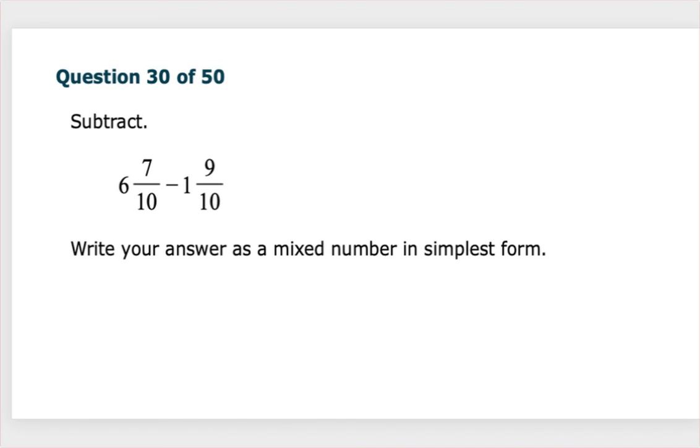And the last question. Okay, now we have a common denominator, and these are mixed numbers. We do not have to turn them into improper fractions. It's easier to see this if we put them one on top and one on bottom. We're subtracting. So now 7/10 take away 9/10 doesn't work, so we're going to change this to a 5.